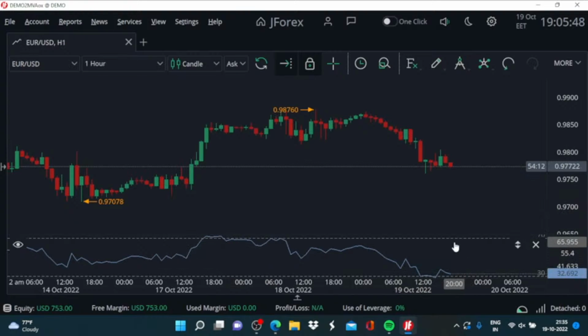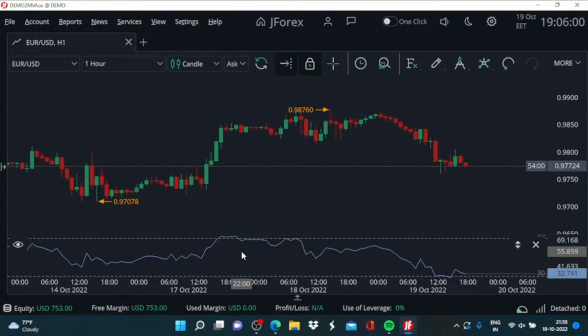The 30 on the lower side and 70 on the higher side are considered the extreme levels. These are the levels above or below which we consider scenarios which are likely to give way to a possible trend reversal. But of course, it is not going to happen every single time.